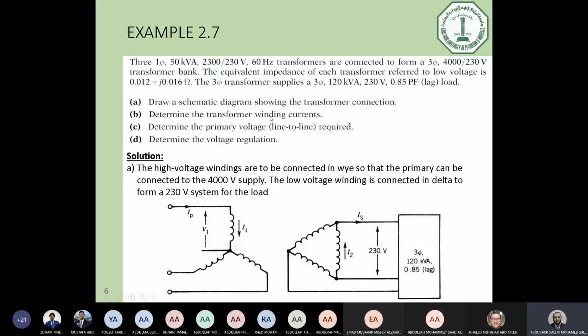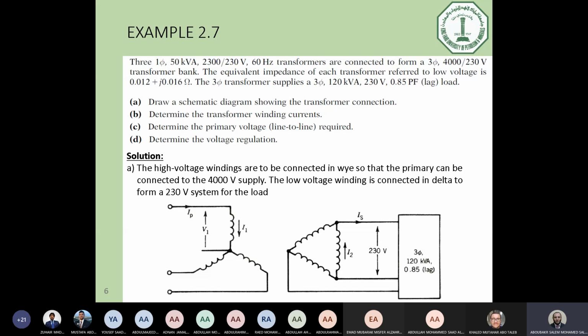Regarding the primary, now the single phase can support 2300 volt. The required line-to-line volt of the 3-phase equivalent is 4000. If you see the relation between 4000 and 2300, you will find the relation is square root of 3. So 2300 multiplied by square root of 3 gives you approximately 4000.